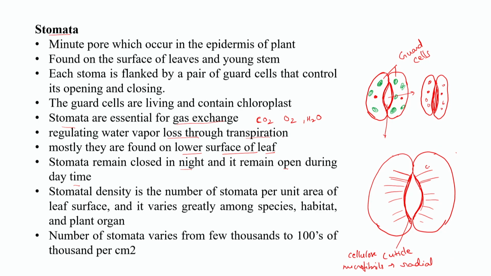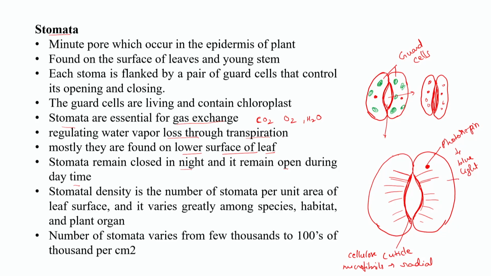Now this guard cell has a photosensitive receptor which is known as phototropin. Now phototropin is sensitive to blue light. So what happens during the daytime when light is falling, this blue light activates this phototropin receptor, and once activated, with the help of ATP which is produced during photosynthesis, it pumps protons outside.